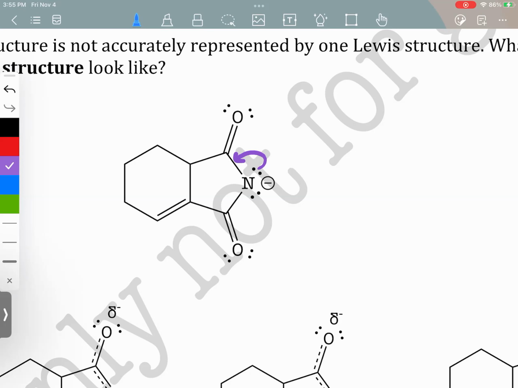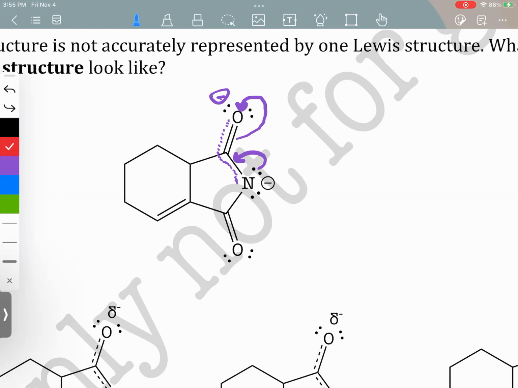So the carbon oxygen double bond breaks and the electrons get pushed onto this oxygen. So this will get a negative charge. That's the first movement of electrons. So the hybrid so far will look like this.